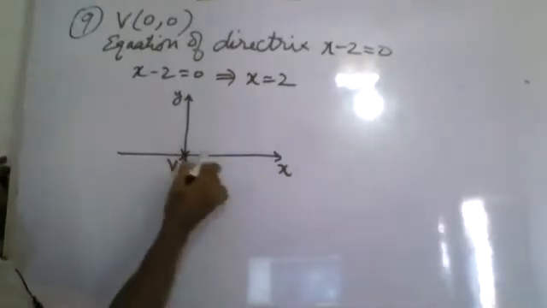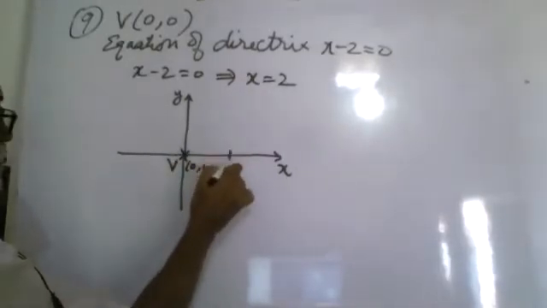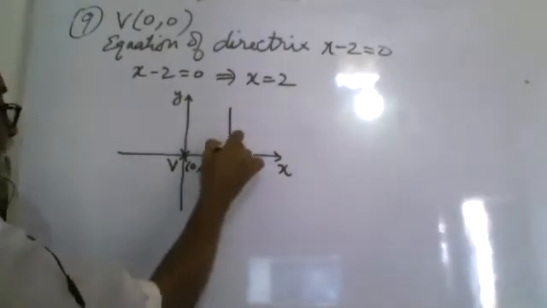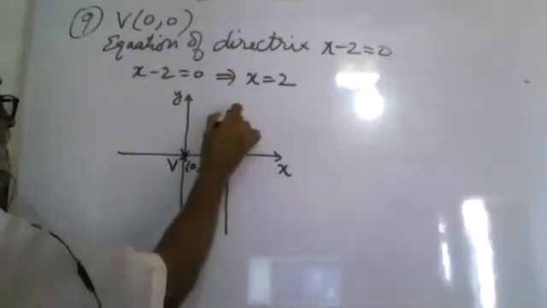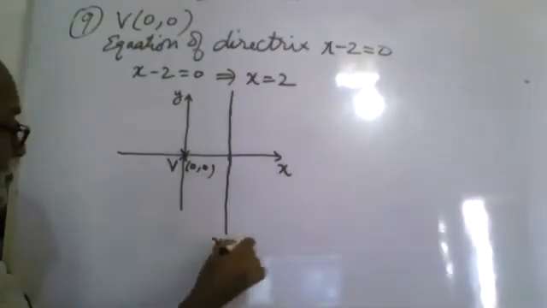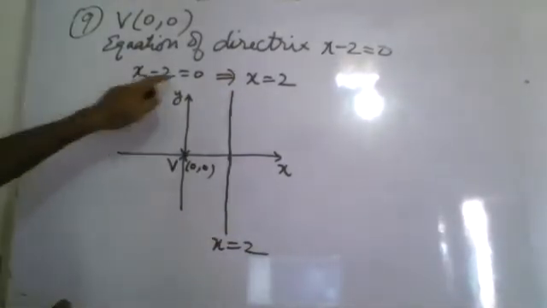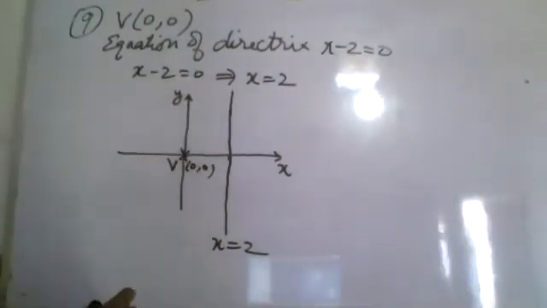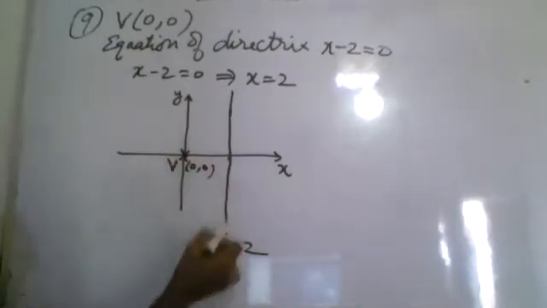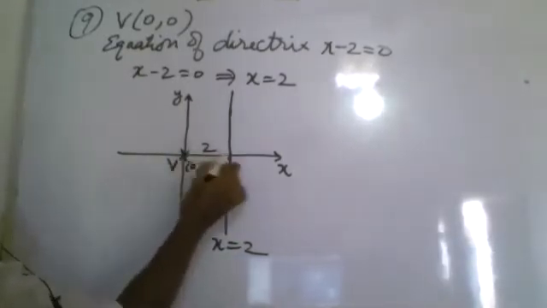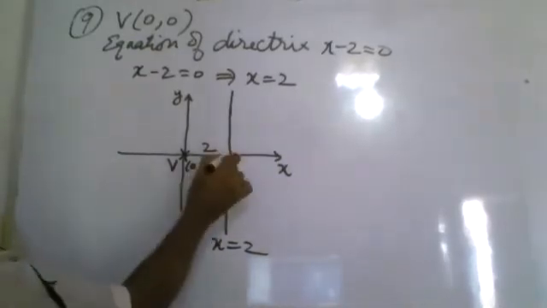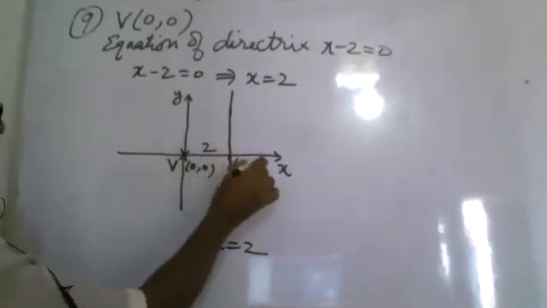So positive 2 means over there. X minus 2 equal to 0 means x is equal to 2. So this distance will be 2 units. So that is the point 2, 0.